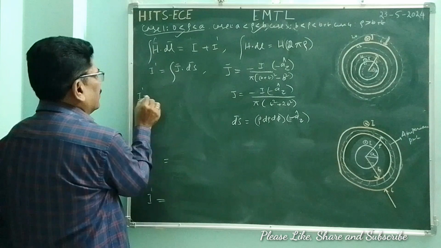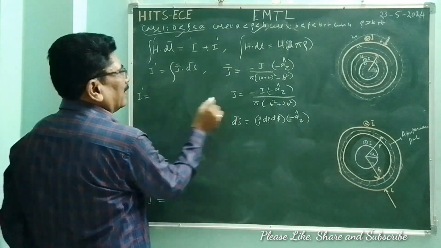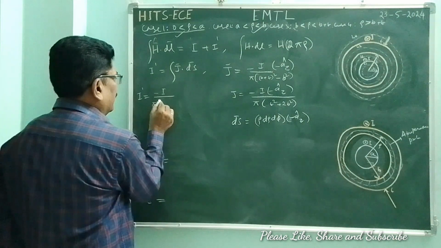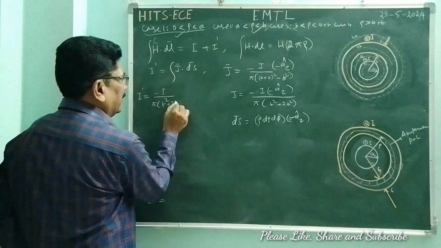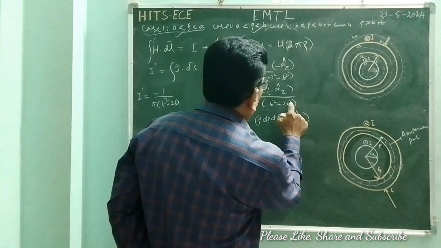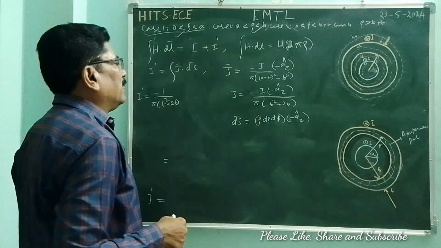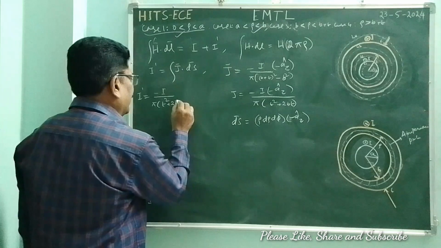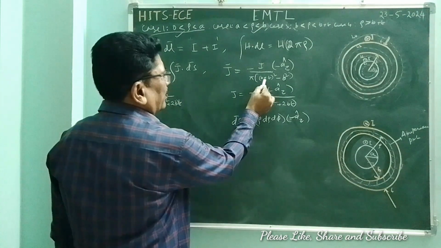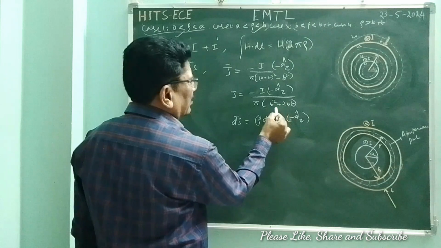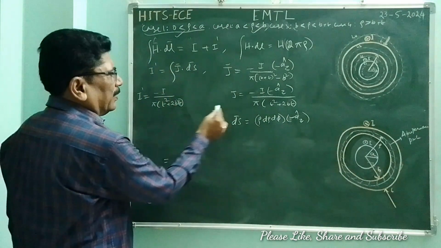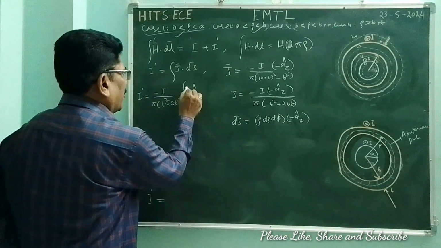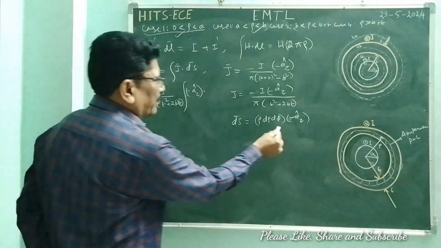So I dash is equal to, what is J? J is minus I by pi into t square plus 2bt, since b square plus 2bt plus t square minus b square gives t square plus 2bt, into integral minus az cap dot, what is ds?